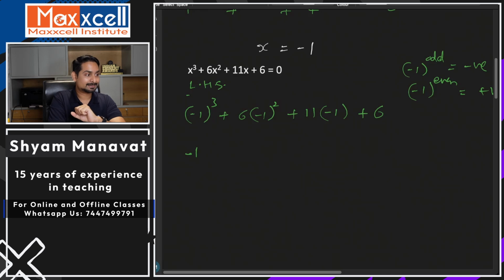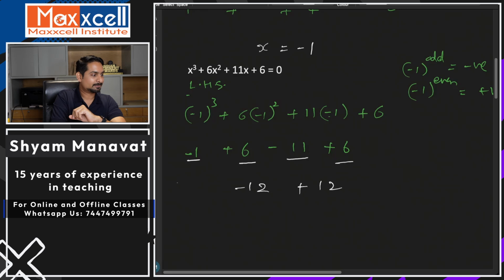Now 1 into 6 is 6. -1 into 11 is going to be -11 and plus 6 here. So what do you get? 6 plus 6, 12, and -1 and -11 is -12. So plus 12 and -12. What's the outcome? And that's 0.